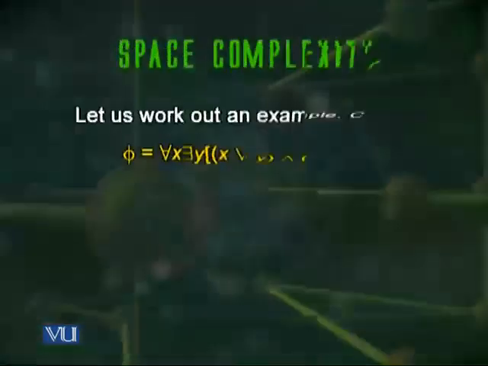So this is how we define a quantified Boolean formula to be true. Let's look at a quantified Boolean formula and find out whether it's true or not by following this definition, or let's at least start the process so that this concept becomes clearer to you.